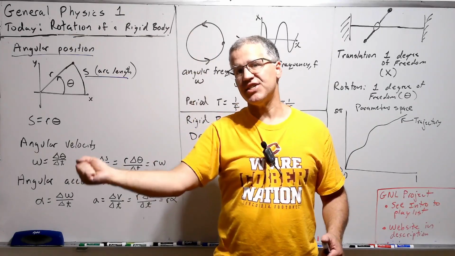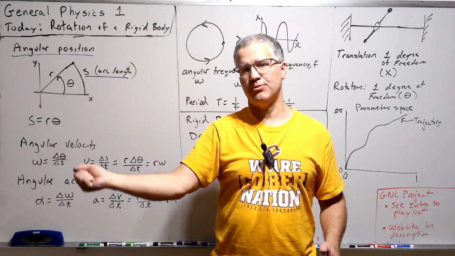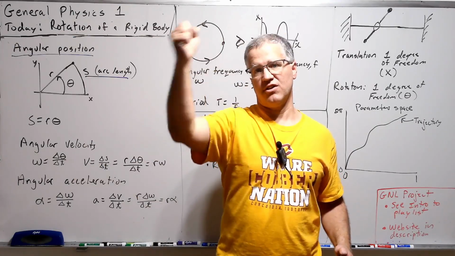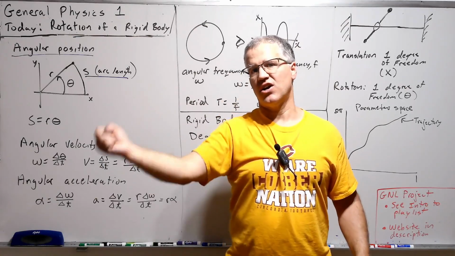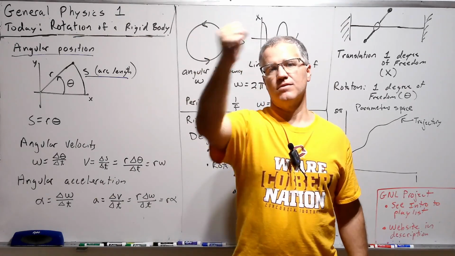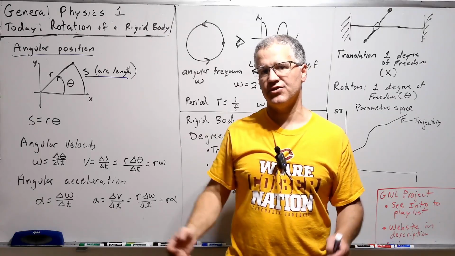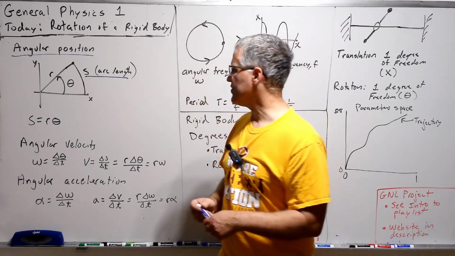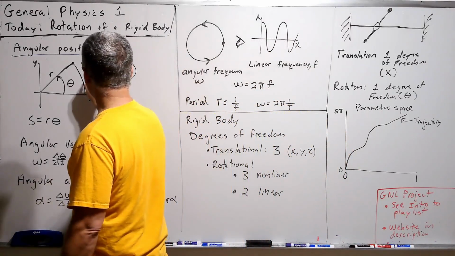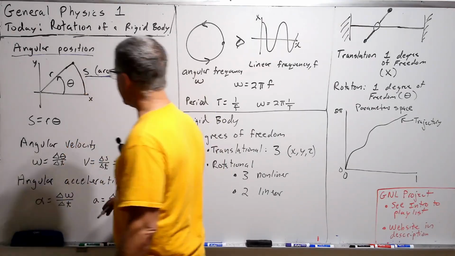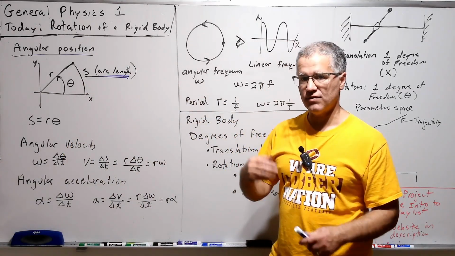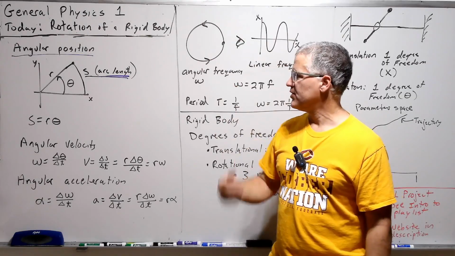How much distance has it actually gone through in space? Now it's arcing this curve, right? It's not going in a straight line. It's arcing along the circumference of the circle. So some part of the circumference of the circle, and we call that distance the arc length, the length of the arc over which it's traversed.